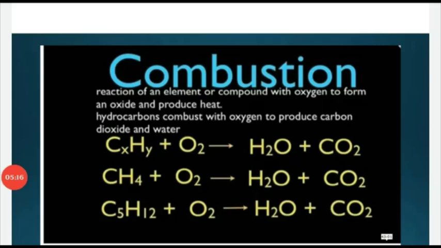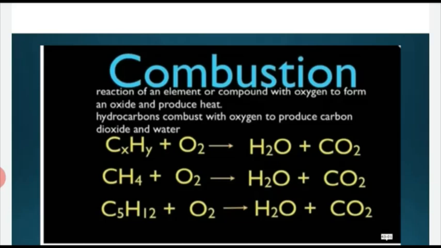Next one is the combustion reaction. In this reaction, the reactant rapidly combines with oxygen to form one or more oxides and energy, that is, heat. So this is a reaction of an element or compound with oxygen to form an oxide and produce heat.